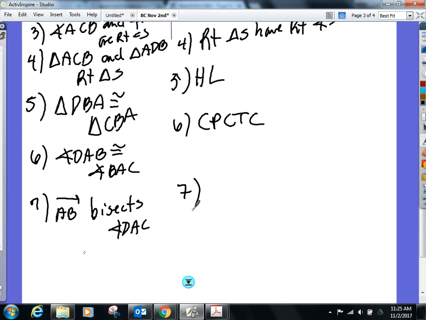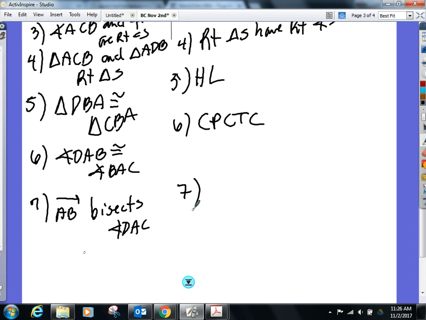But that's not going to cut it because, let me do my classic example. Emily's like, hey, I'm sitting in a chair. Well, why are you sitting in a chair, Emily? Well, that's the definition of a chair. That doesn't tell us anything at all, right? So I don't want to say definition of a bisector. What fact have we already written down up here that says AB must be a bisector?